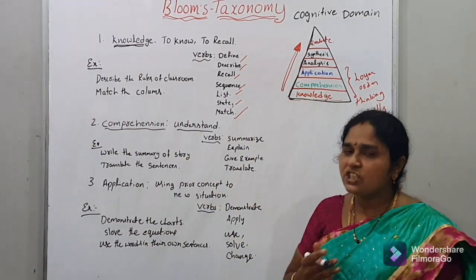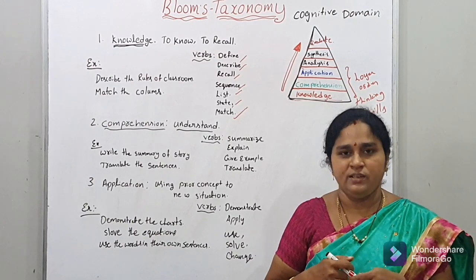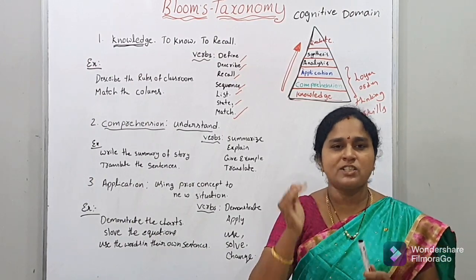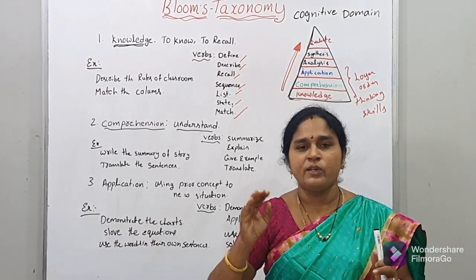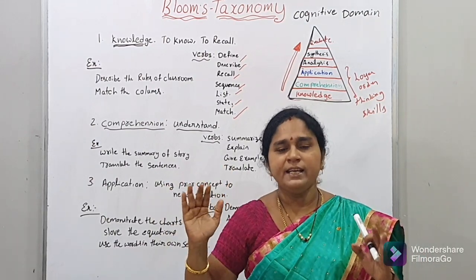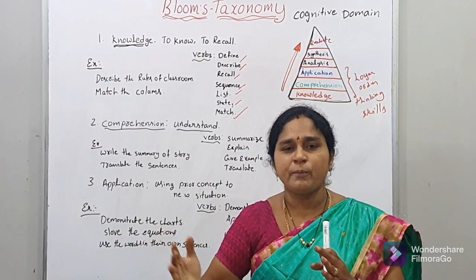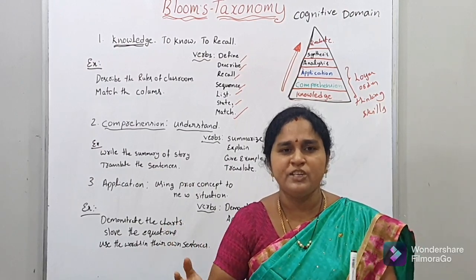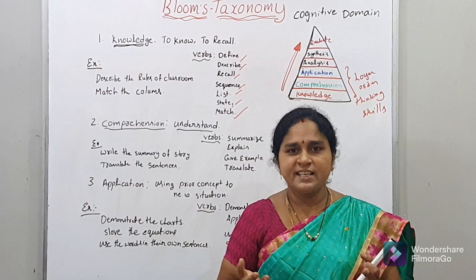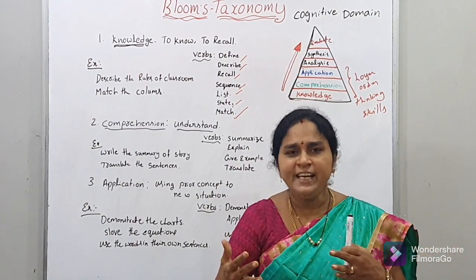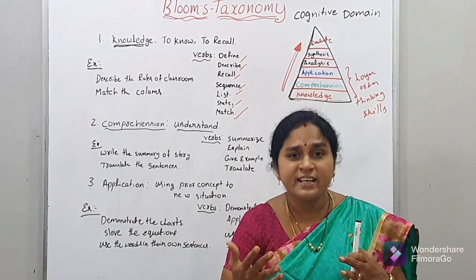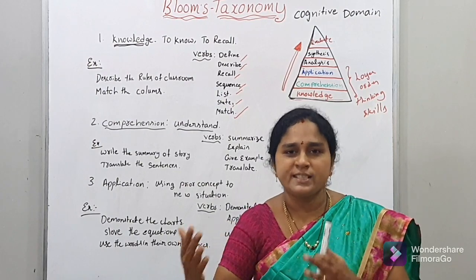Okay, the next one is comprehension. Comprehension means understand. We got knowledge about Narendra Modi sir. That is the main thing we discussed about who the present Prime Minister of India is. At the knowledge level, we get the answer about Narendra Modi very quickly.